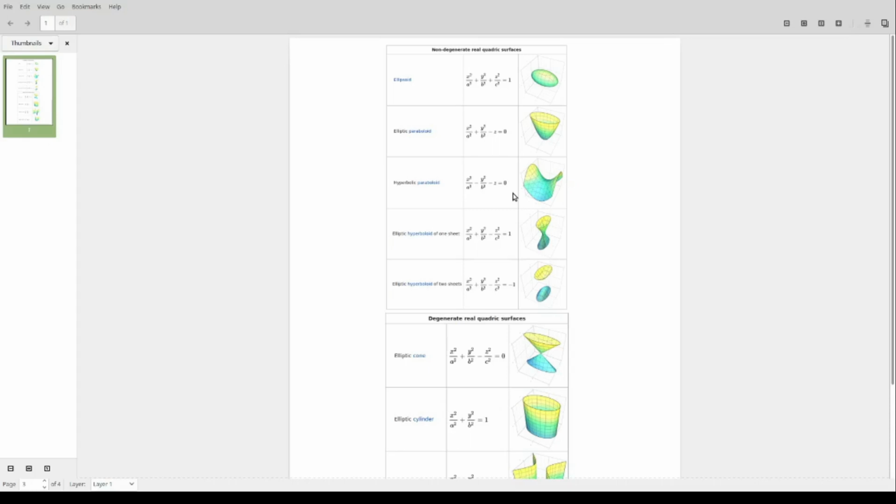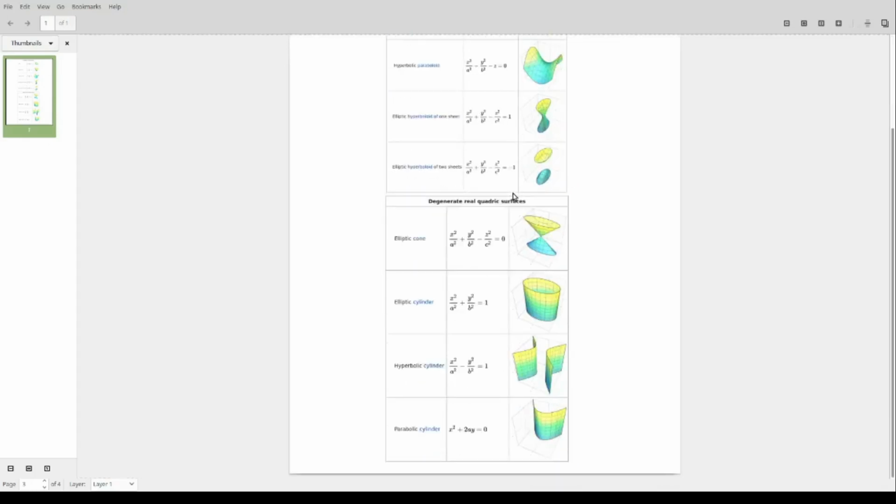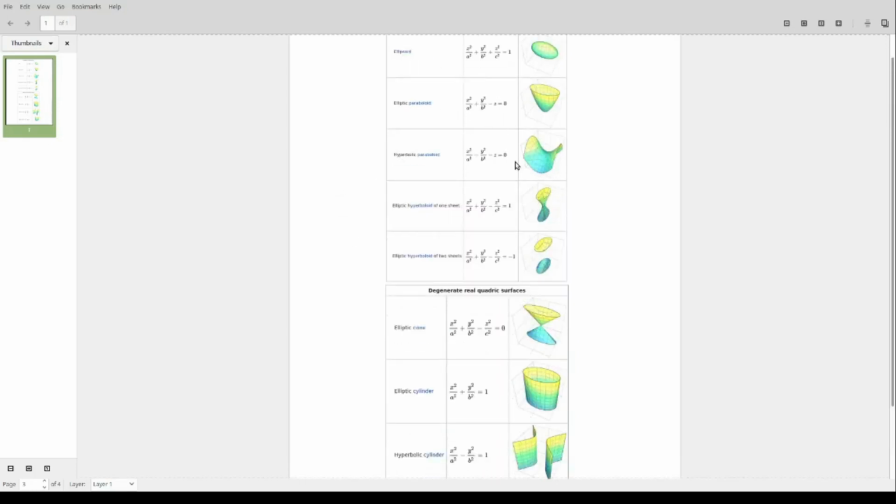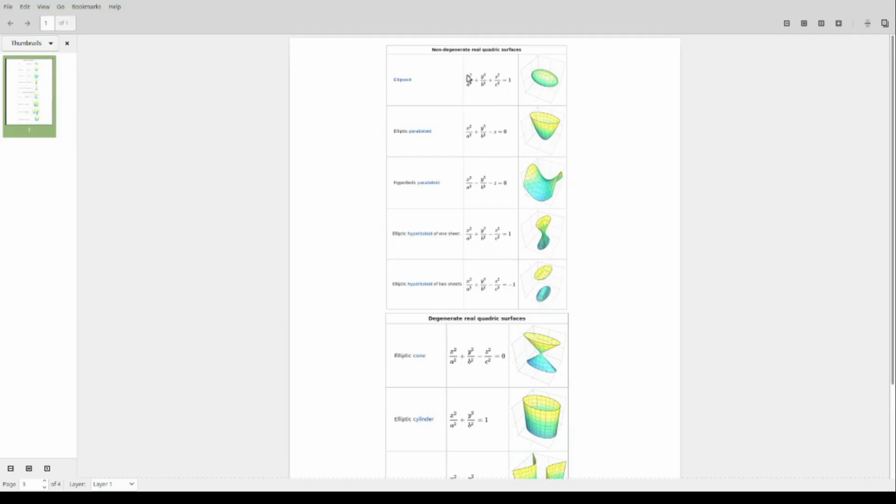But you see that there are many different types of quadric surfaces. There are an elliptic cone or a cone, an elliptic cylinder, a hyperbolic cylinder, the hyperbolic paraboloid that we just did, the elliptic paraboloid that we did in the example before. But each one of these expressions mathematically is given by a quadratic combination of sums of the x, y, and z coordinates.